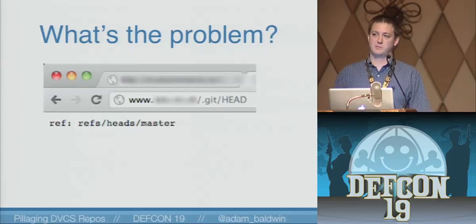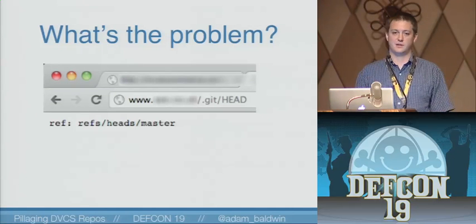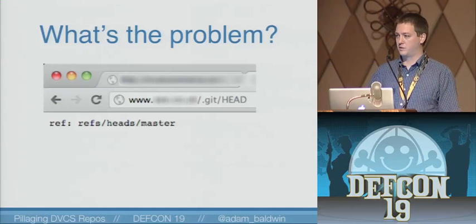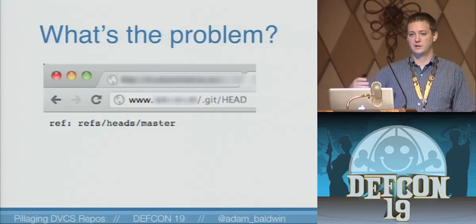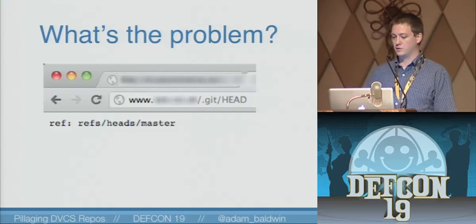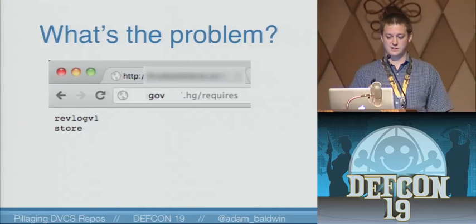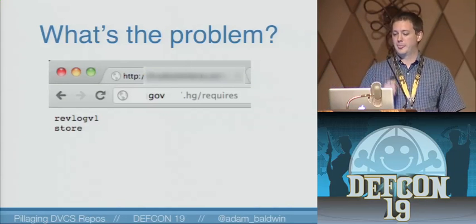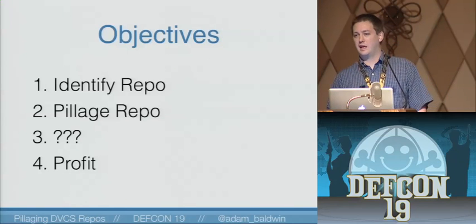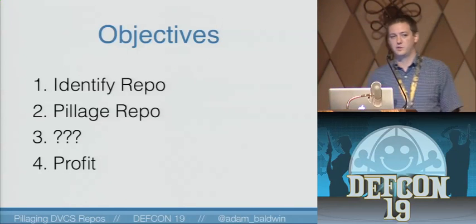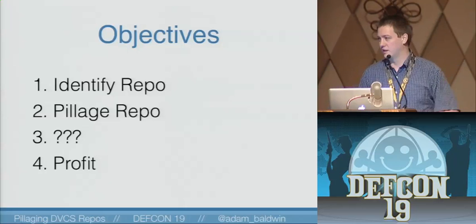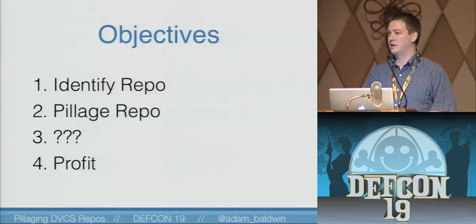left in web roots, and as an attacker, we want to have access to all of the information in this repository. The situation might be we're doing a pen test, or we're an attacker, and we want to get some foothold on this site. This might be that foothold.